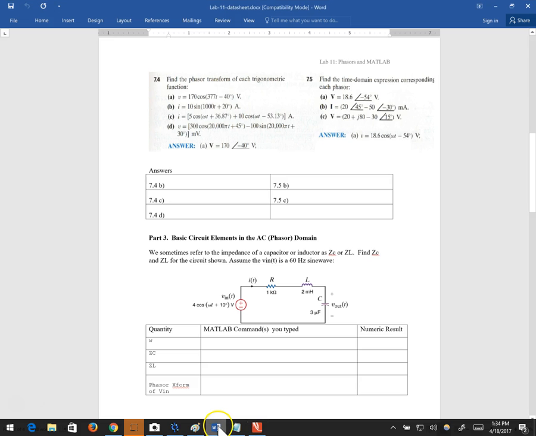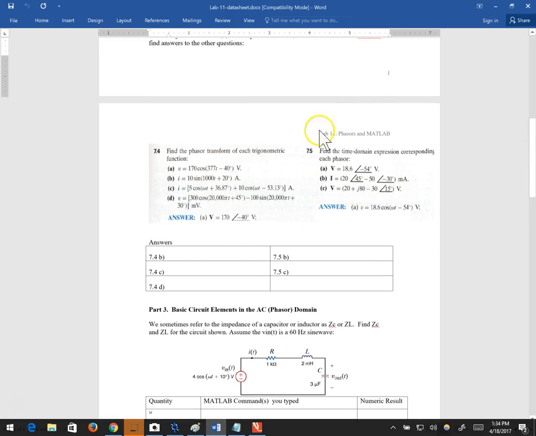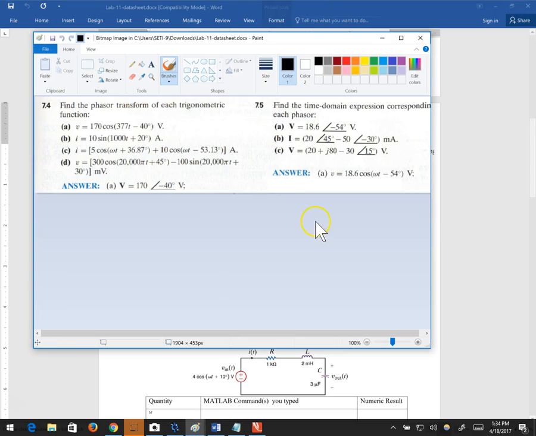One more thing, there are some pitfalls I remember in the lab here. Just be careful when they have a sine here. The phasor really wants the sinusoid to be put into a cosine.